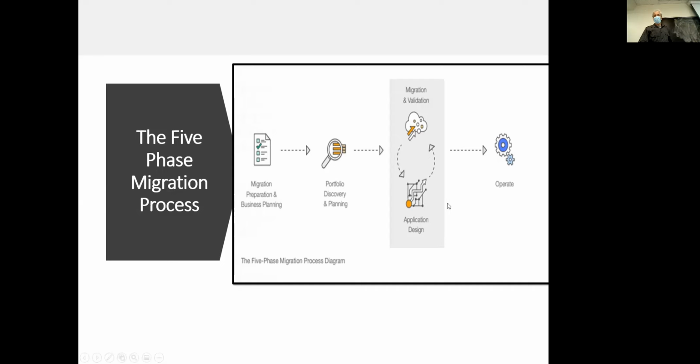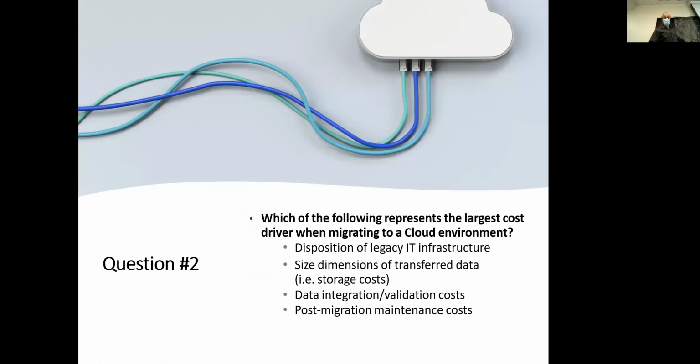Then you start with the application design or with a migration and validation. But important here, right? You have multiple cloud providers. Some of them are cheaper, some of them are more reliable. And these things have to be considered before you actually move. And then we have operations at one point.